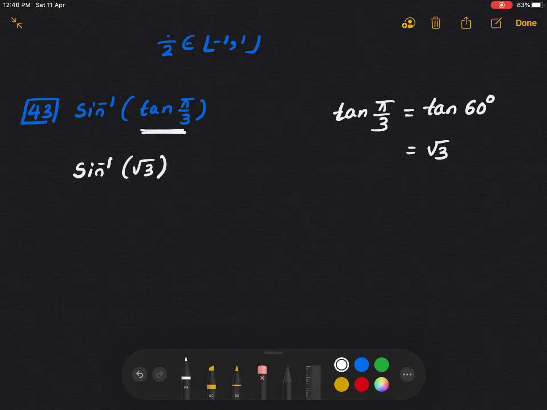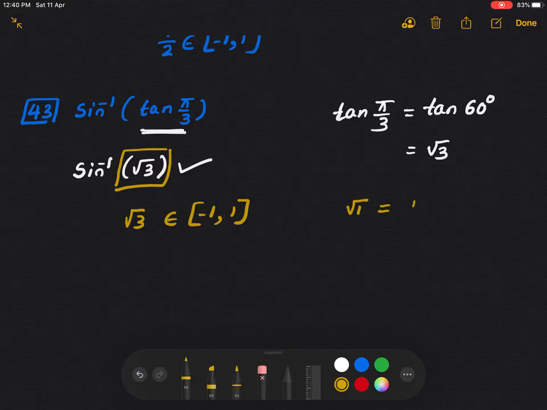Now think, is it defined? √3, does it belong to the domain -1 to 1? You cannot use the calculator, so you have to find it by doing the estimation. You know √1 is equal to 1. √4 is equal to 2.